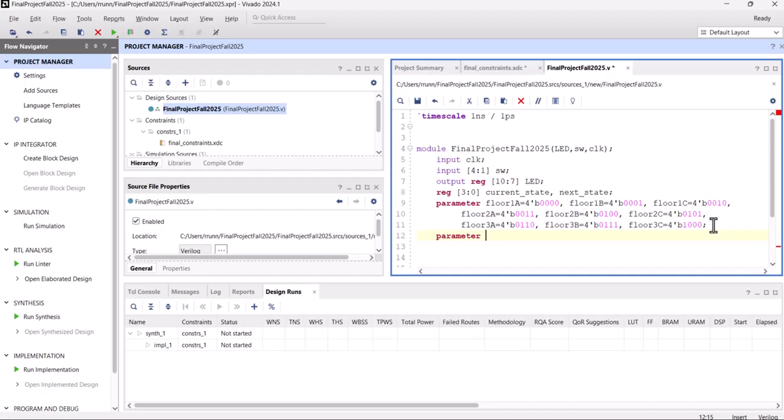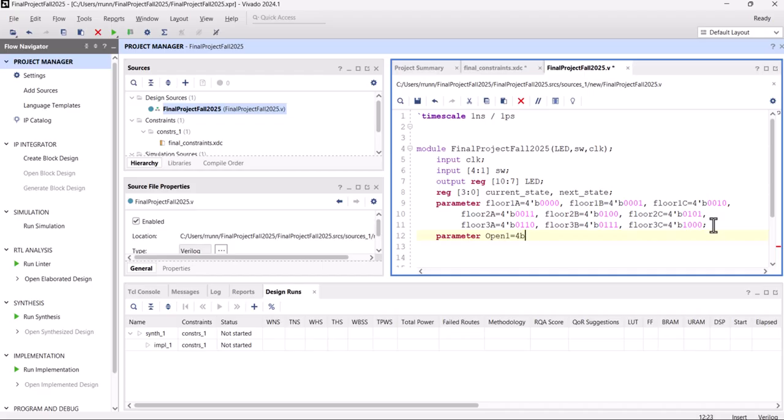This will be the signal, so I'll call it open 1 equals, and what would the LEDs be for the open door on floor 1?